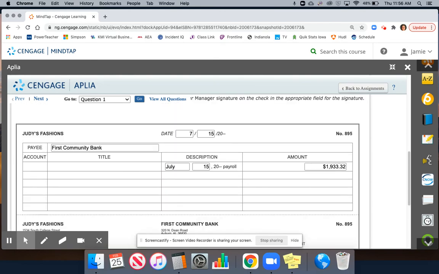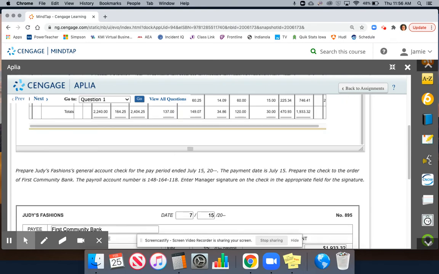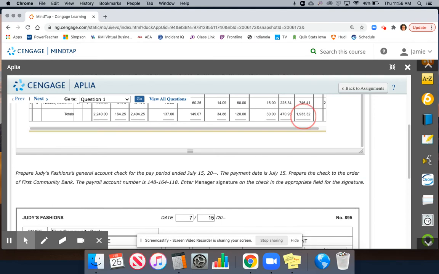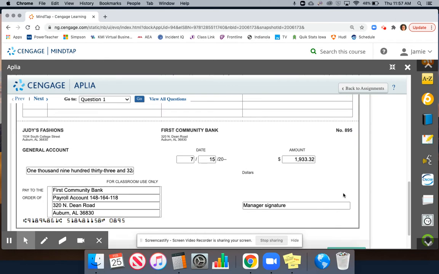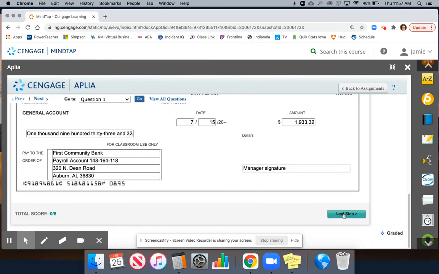So that is how we will write a check, filling out the check stub. To write a check for the payroll total amount, the payroll amount is the net pay from our payroll register given to us. Write a check that we can then transfer money from our general account into our payroll account.